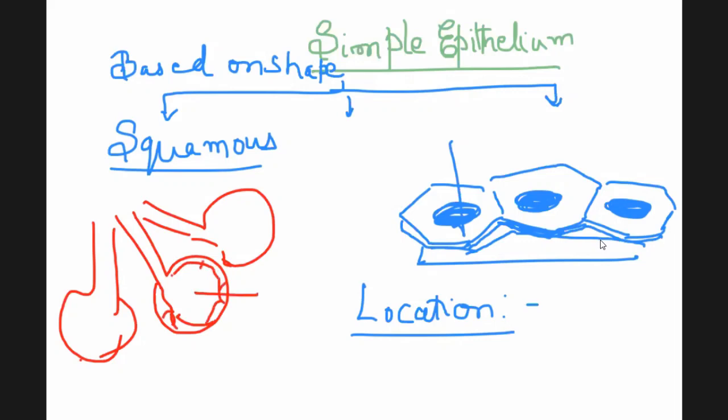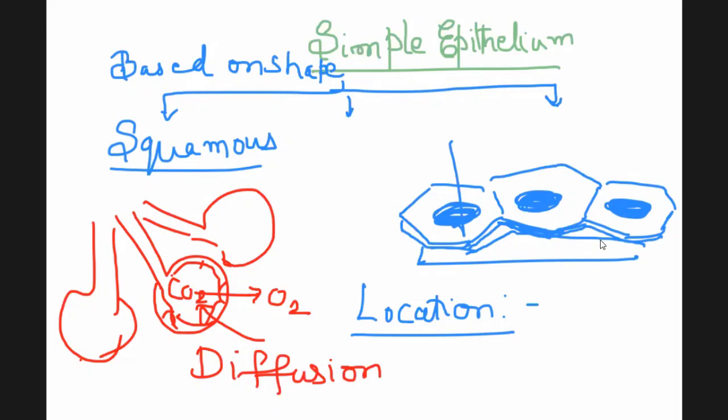Here oxygen comes into the blood and carbon dioxide is given out. So there is a diffusion of gases across this membrane. It is the thinnest epithelium. If thickness is less, gases can move faster. So diffusion is allowed very quickly here because this is the thinnest layer. So one example for location of simple squamous is alveoli.